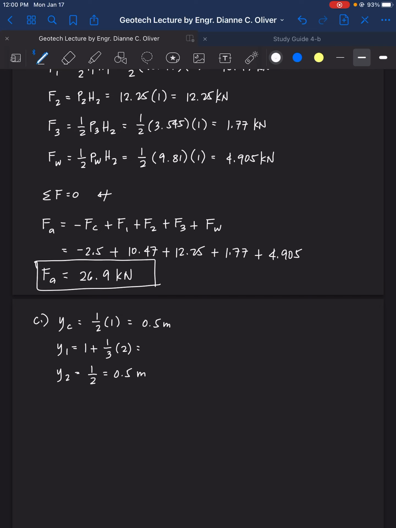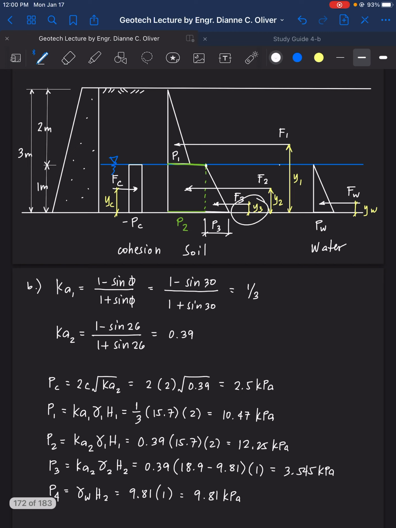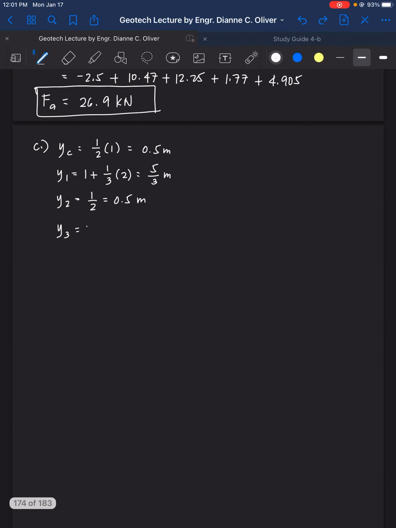So Y1 is 5/3. Next, Y sub 2 is just 1 divided by 2. Next, Y sub 3 is 1/3 of 1 meter, and the same is true with Y water. So Y3 is equal to Y water is equal to 1/3 m.